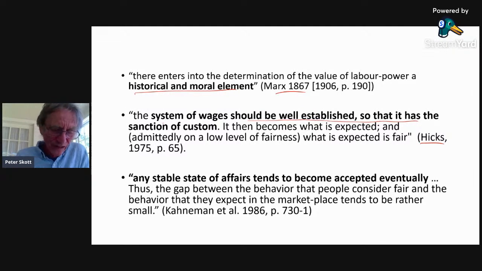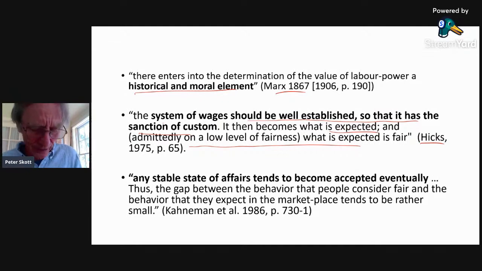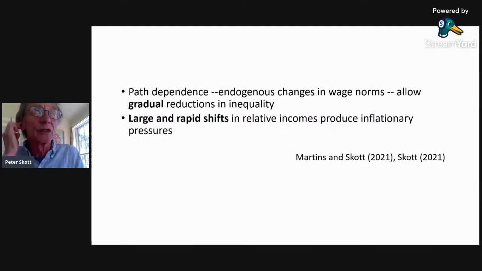Why? Well, then it gets the sanction of custom. It becomes what is expected, and what is expected is fair, at least at this low level of fairness. Psychologists, behavioral economists have recently emphasized the same thing. Here's a quote by Kahneman, and I think it's just very well established. If you look up any social psychology book, you'll find it.